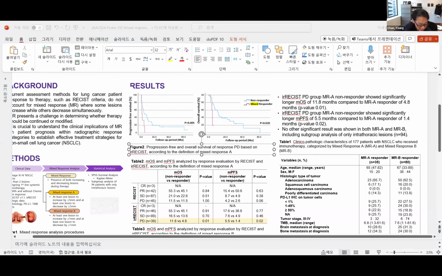Every lesion is likely increasing in size, right? Yes, true. But how come they do much better if they all progress? Oh, so this is comparing the months of follow-up, months of progression-free survival. And so MOS and MPFS were compared within the group.